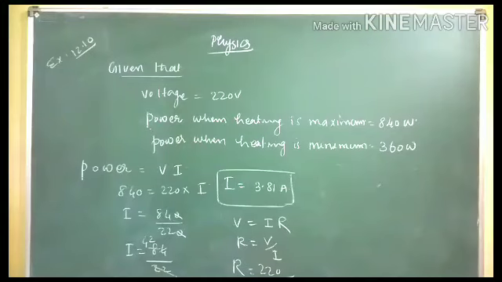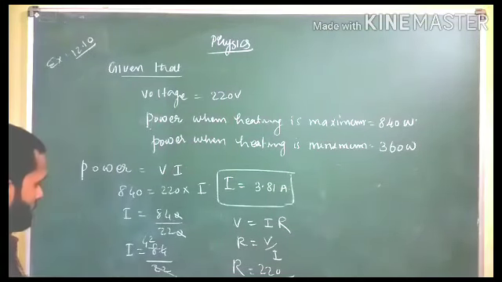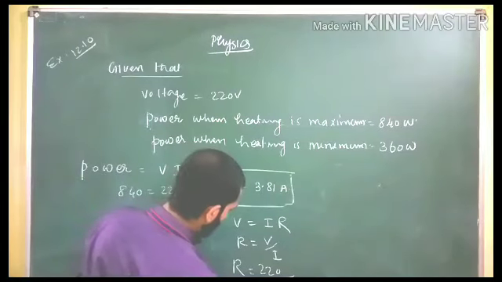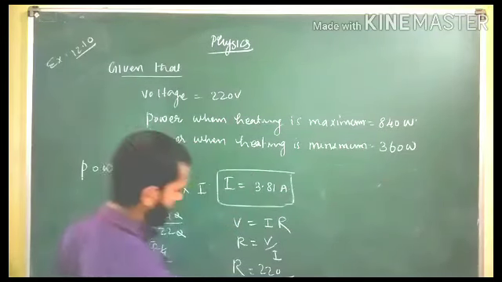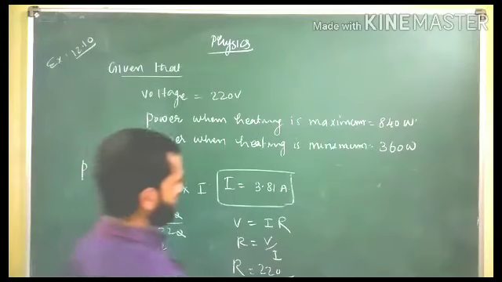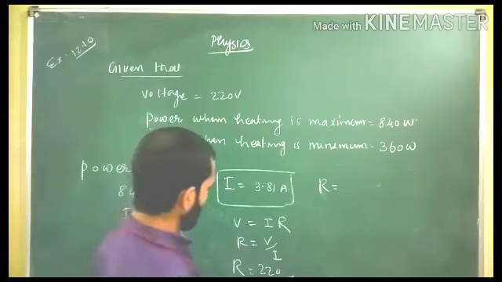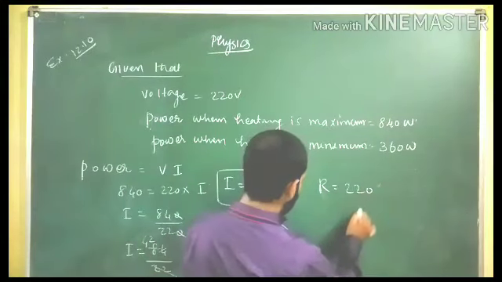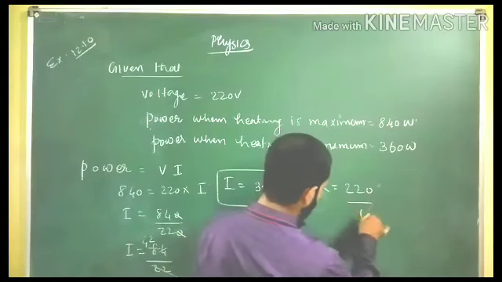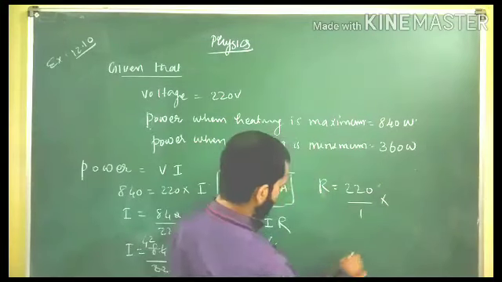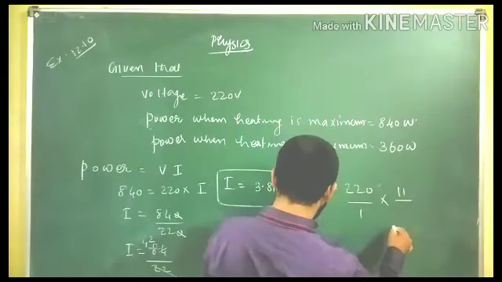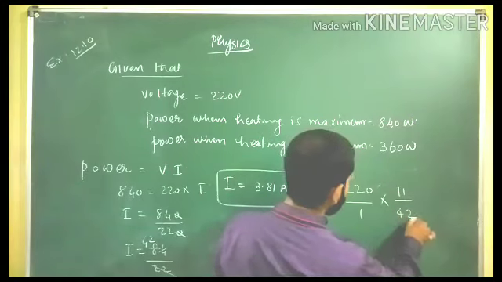So for getting a correct result, students, we can keep this fractional form, 42 divided by 11. Okay. So R will be equal to 220 divided by 42 by 11, that means inverse multiplication, 220 into 11 divided by 42.